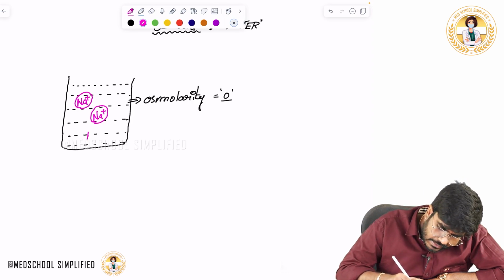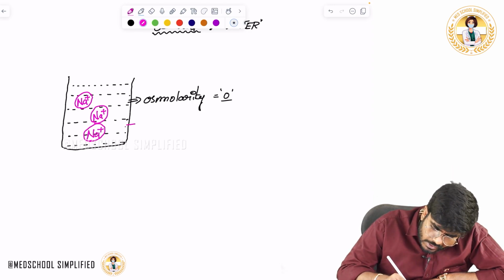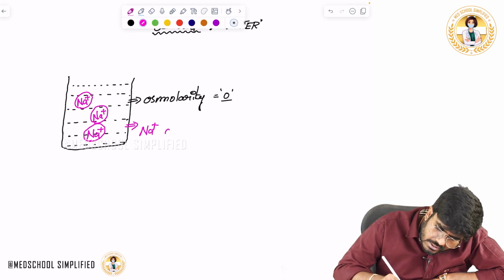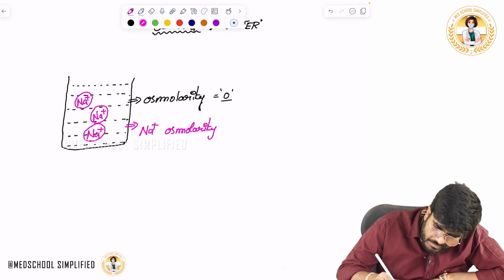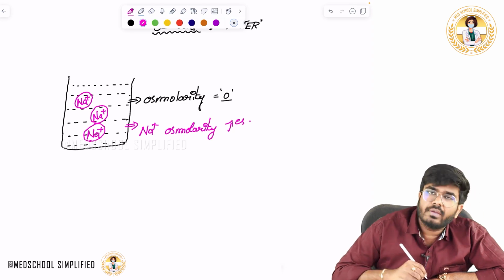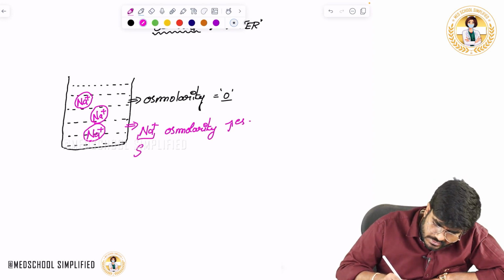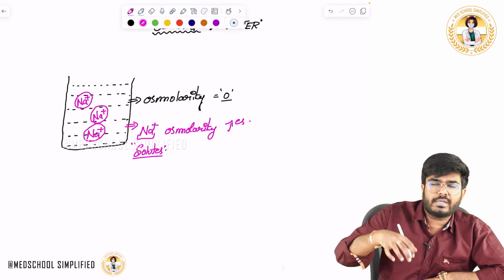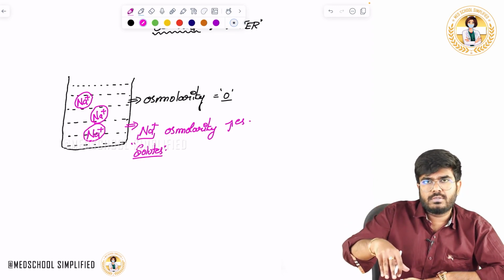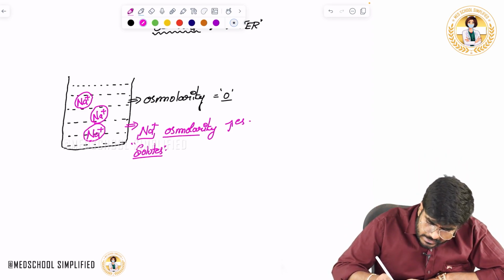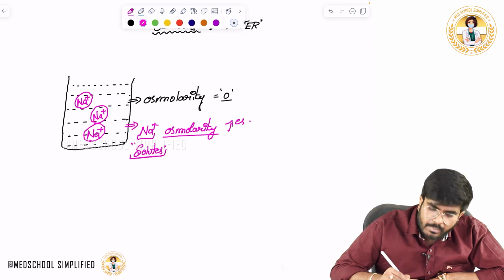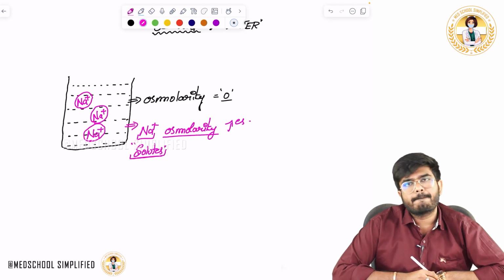Okay, when I am adding this sodium, what happened to the concentration? First thing, what happened to the osmolarity? If I add sodium or electrolytes, osmolarity increases. What am I adding? Sodium, these are solutes. Now I am adding solutes into the solvent, into the water. This osmolarity is because of the number of solutes. The more solutes, the more osmolarity.